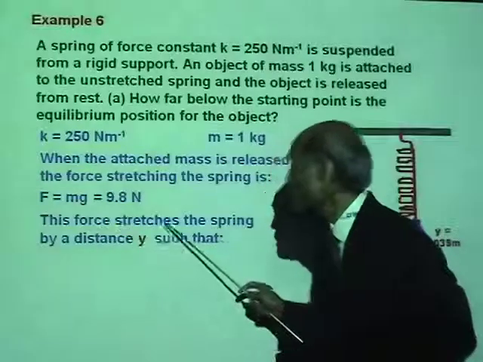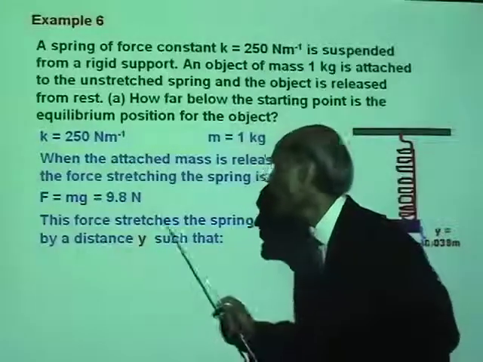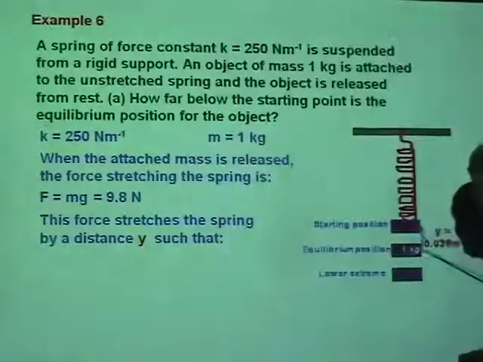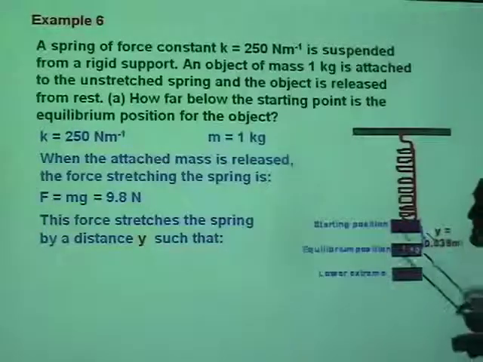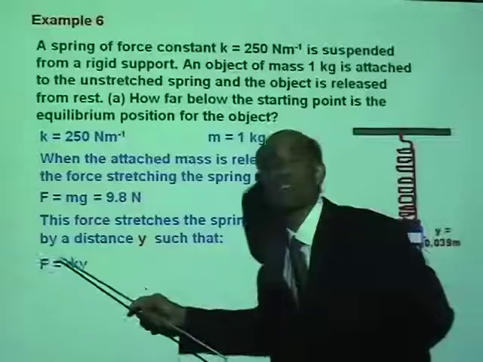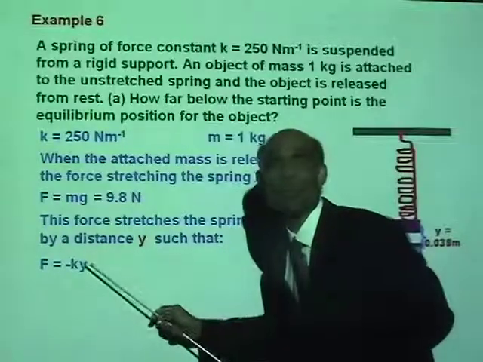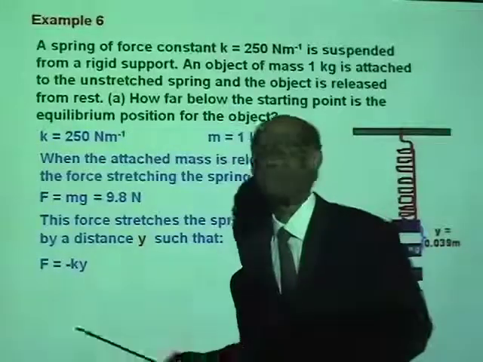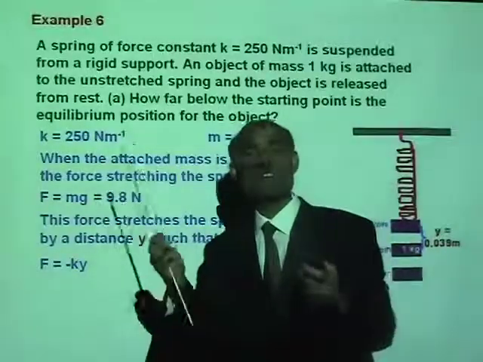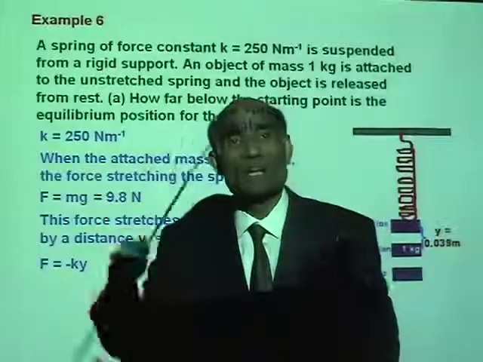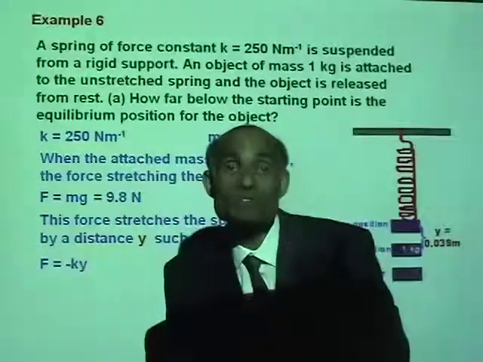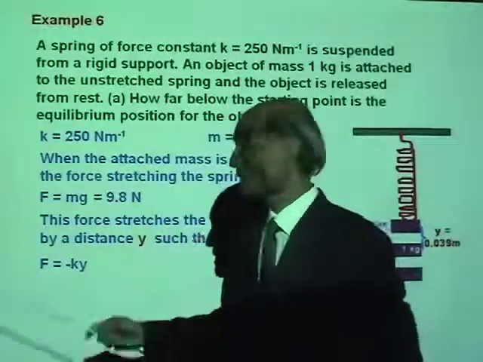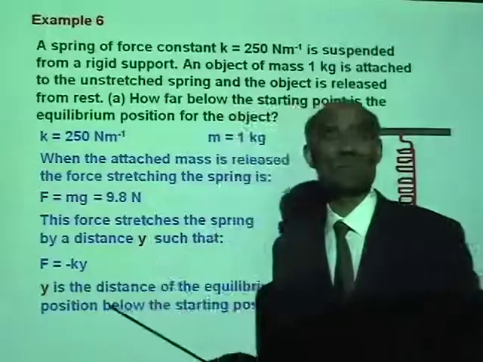And this force stretches the spring by a distance y to the equilibrium position, such that F equal to negative ky. We don't need the negative sign here to find the value of y. The negative sign simply tells you that the force is opposite to the direction of displacement.